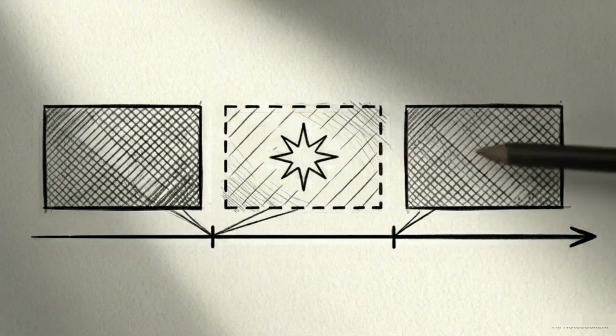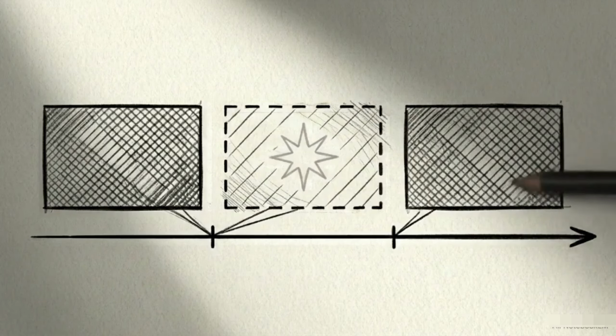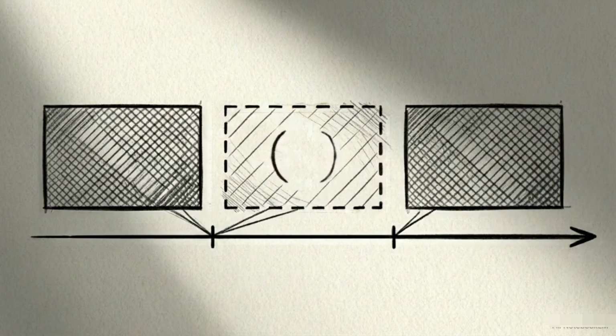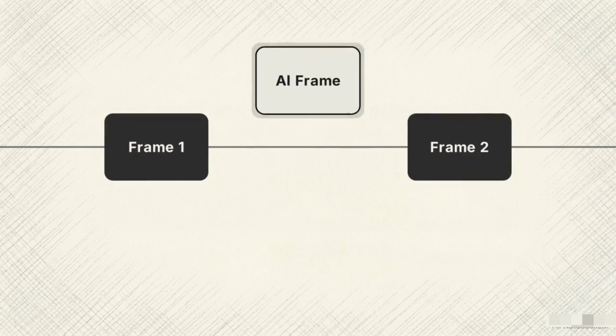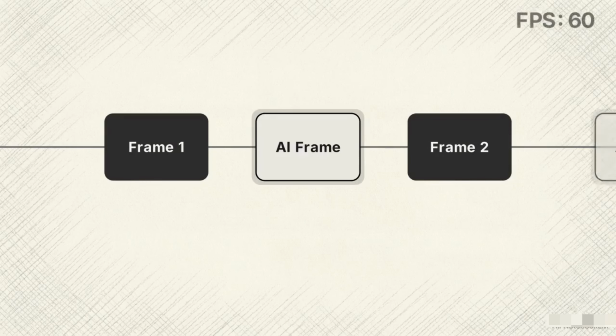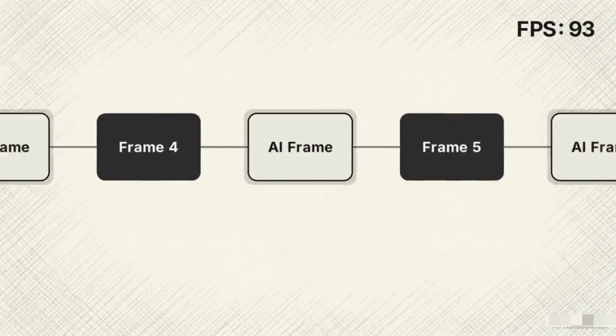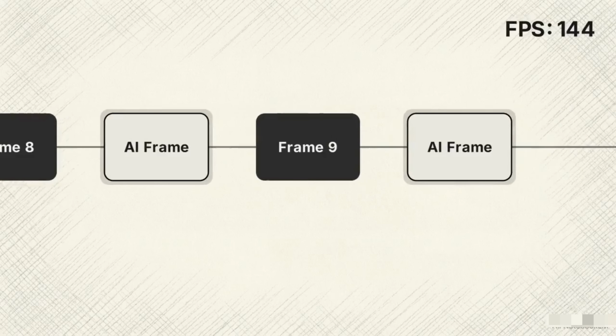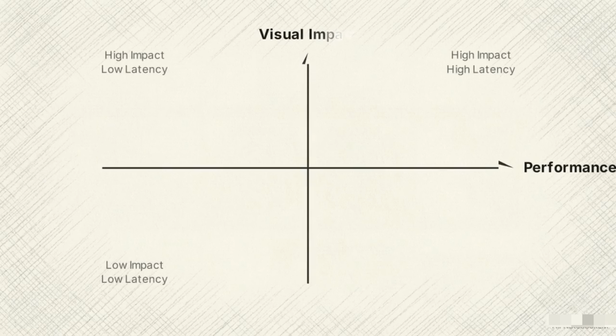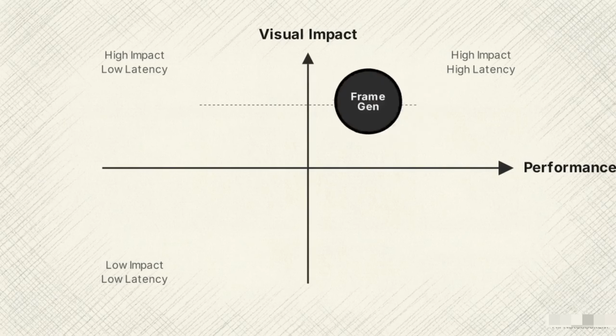Then there's frame generation. Instead of upscaling pixels, this tech creates entirely new artificial frames and inserts them between the real ones. Your system renders frame 1 and frame 2, then uses AI to predict what happened in between to create a third artificial frame. This makes motion look much smoother and makes your FPS counter look a lot higher than it actually is.